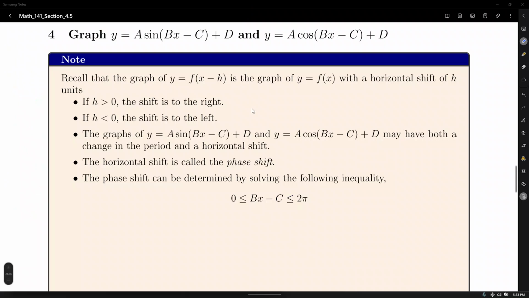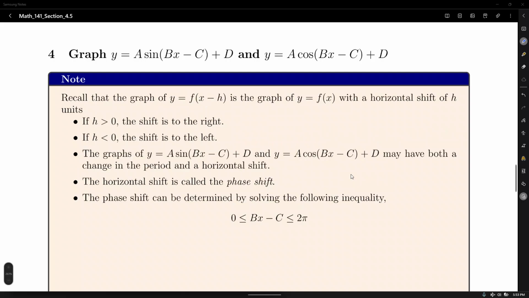We're going to look at the fourth part of the notes, that is graphing the functions y equals a sine bx minus c plus d, and y equals a cosine bx minus c plus d. In this case, we're going to have all kinds of shiftings and transformations. Let's recall the transformation to a function f of x in the form y equals f of x minus h.